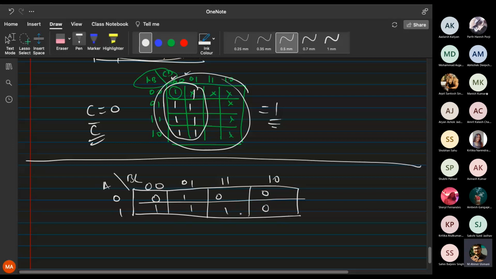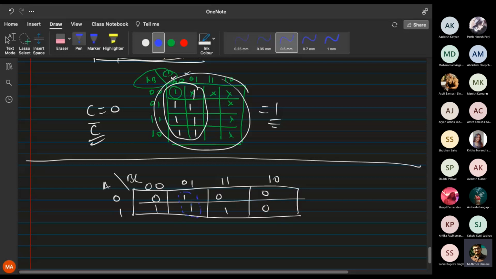Okay. So how many groups can we form, and tell me the equation for this? Two groups. Three groups. Anybody? Four groups? Okay. So two groups and three groups. Okay. So which will be the first group? This one. Has it covered all the ones?